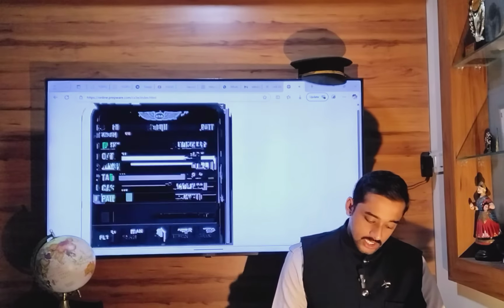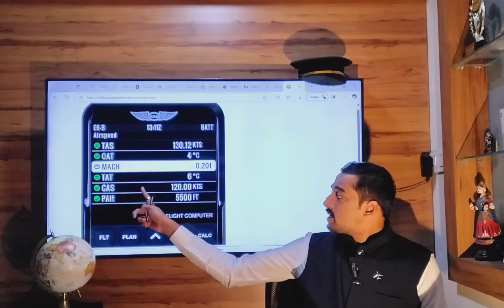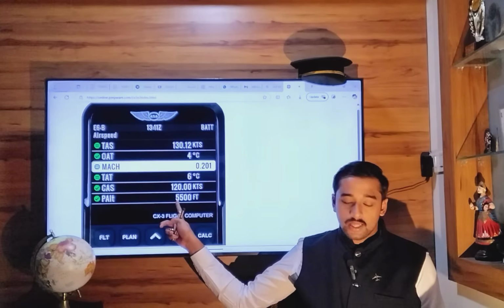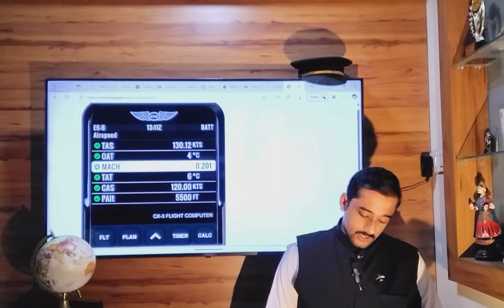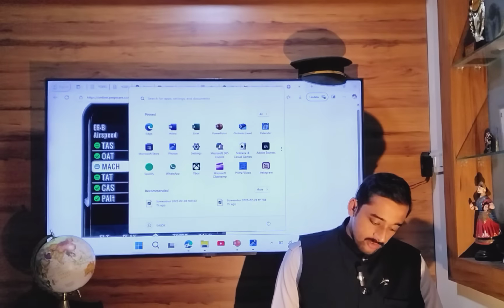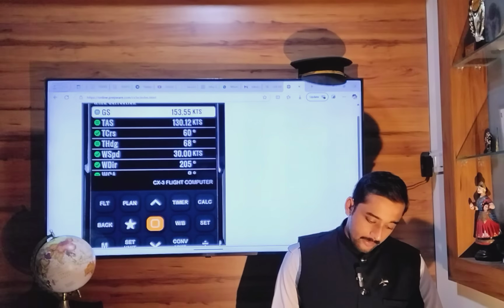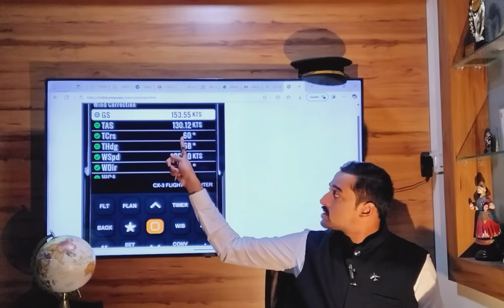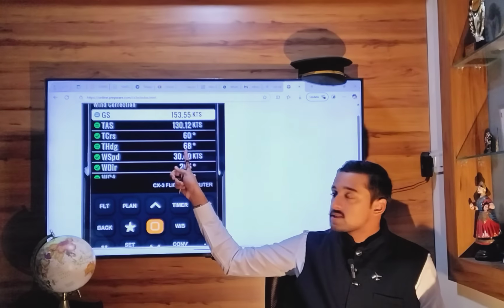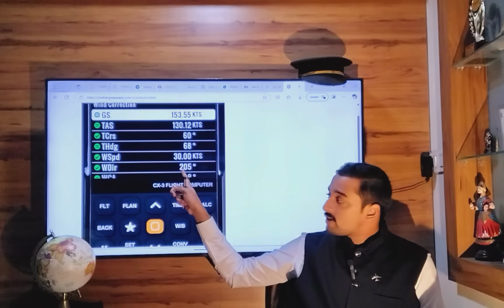So in these conditions, when outside temperature is 4 Celsius, calibrated airspeed is 120, pressure altitude is 5500, true airspeed will be 130 knots, right? Now we will use this true airspeed of 130 knots in wind correction. So we have 130 knots true airspeed, course 060, heading 068 magnetic, both are magnetic, wind direction 205 magnetic.